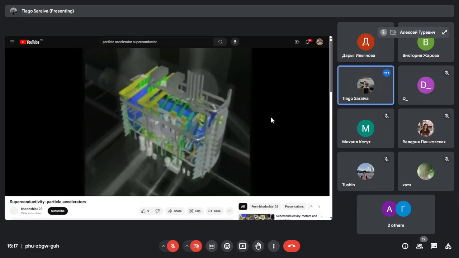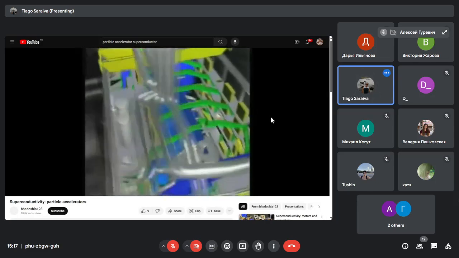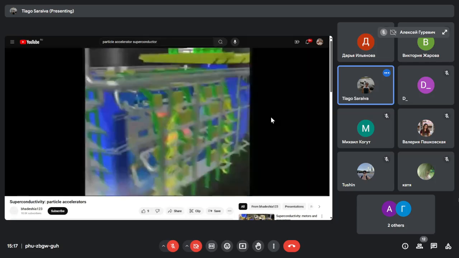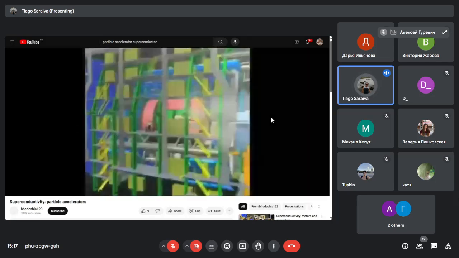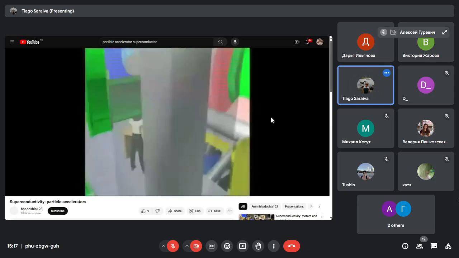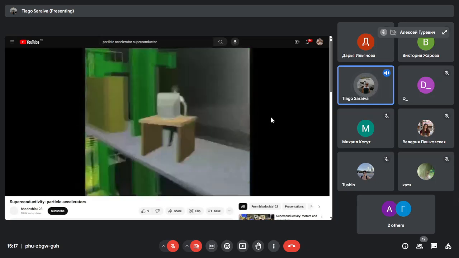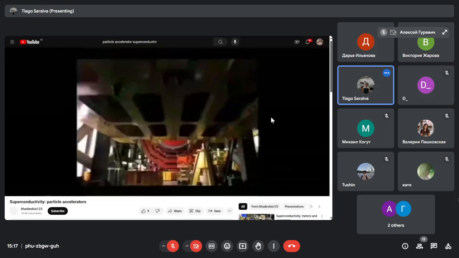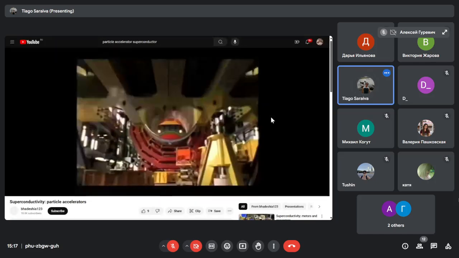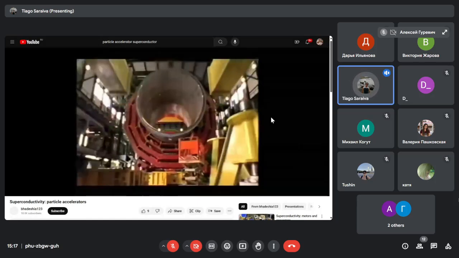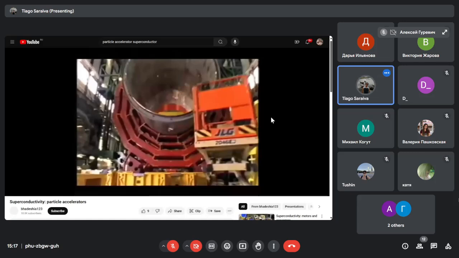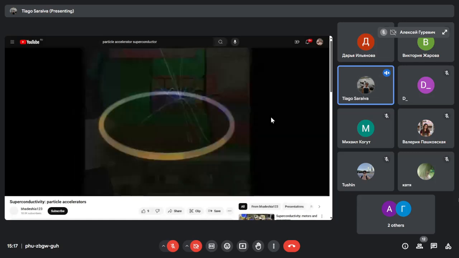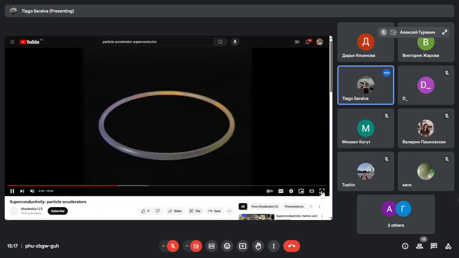There is some part of the trap where they put all these detectors. Look at the size of it. By the way, this is a person, and this is the machine to make the measurements. So just so you have an idea of the size of these tunnels and how these particles collide.